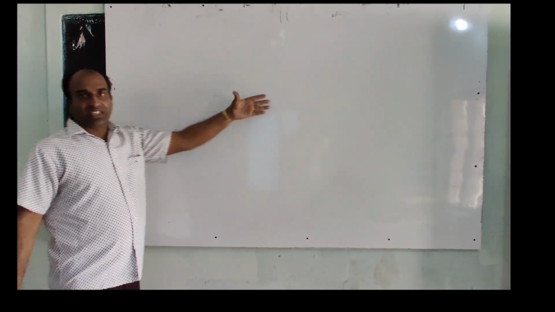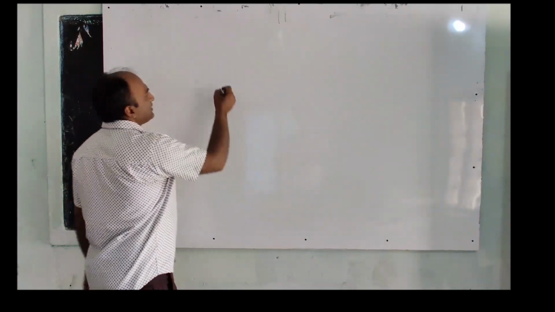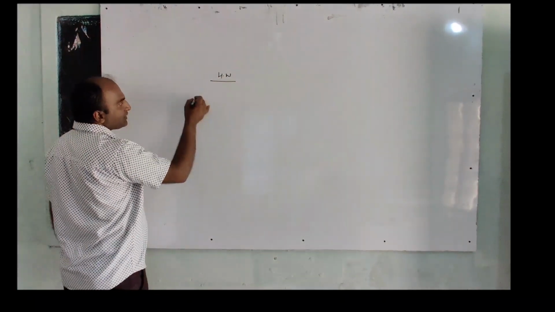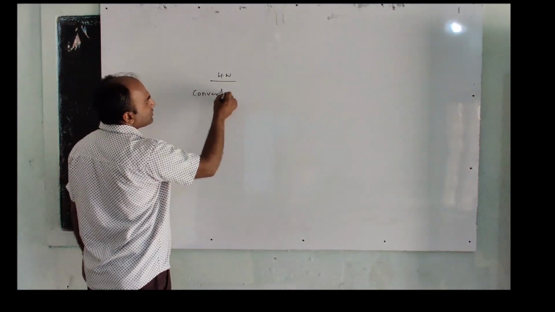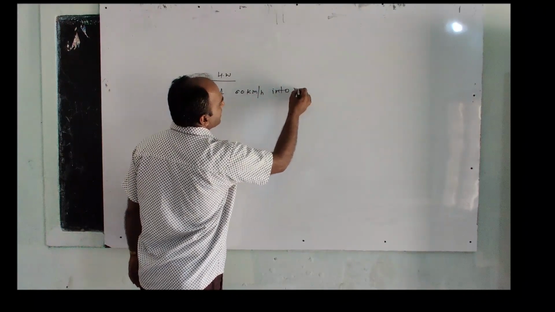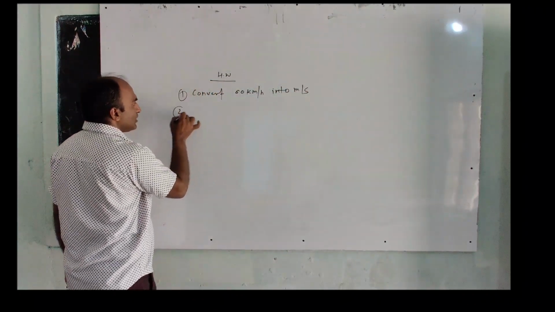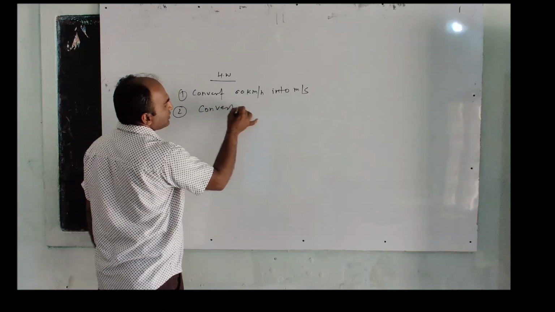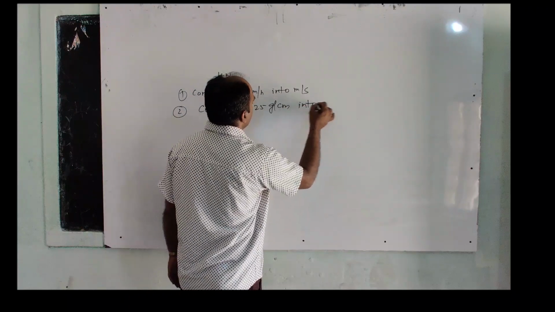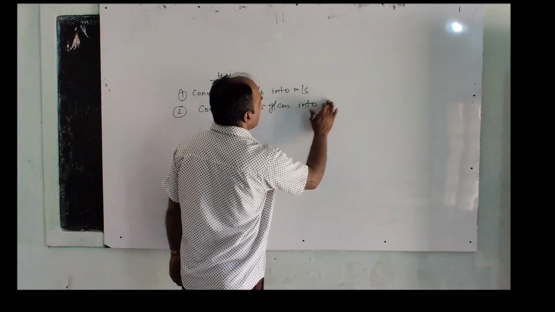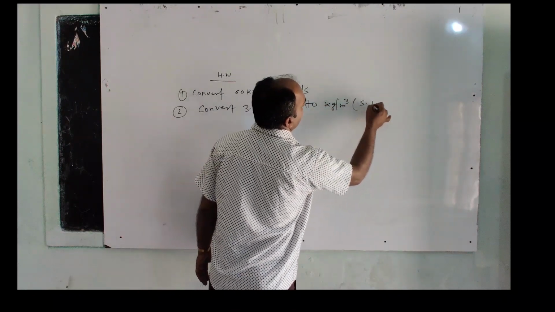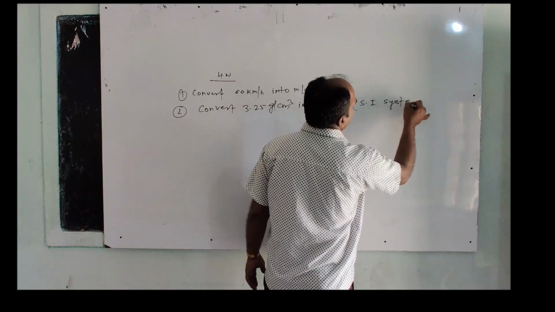Now, at the end of this lesson, some homework is given for this topic. Number one, convert 60 kilometer per hour into meter per second. Number two, convert 3.25 gram per cubic centimeter into kg per cubic meter, or we can write in the SI system.